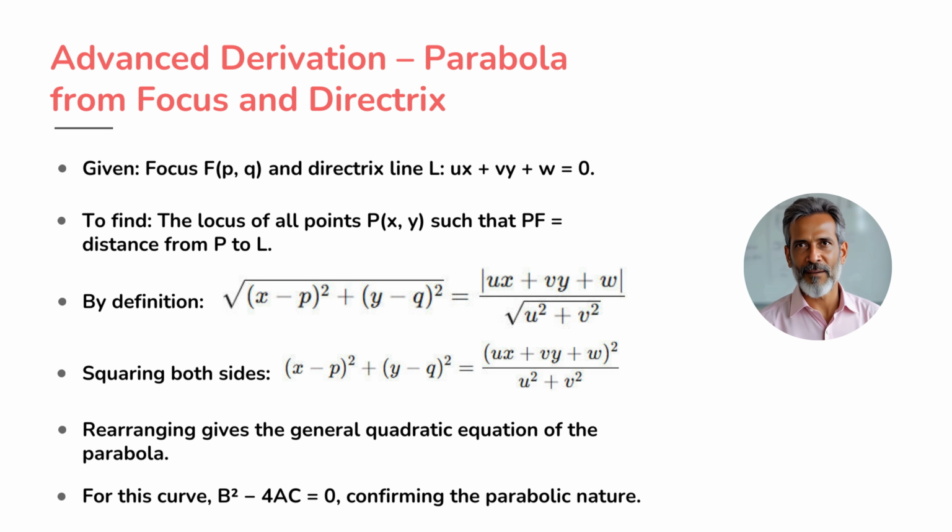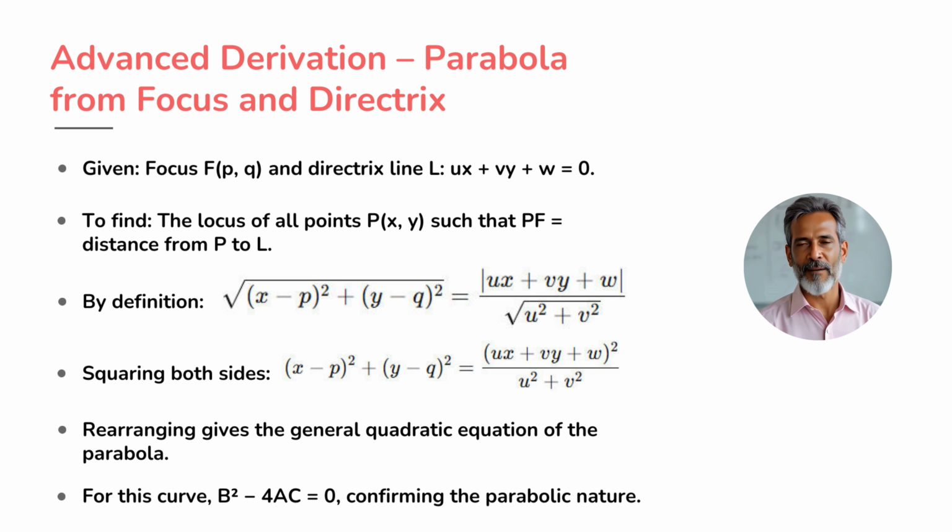So we write √((x − p)² + (y − q)²) = |ux + vy + w| / √(u² + v²). Now, let's square both sides to remove the square root.